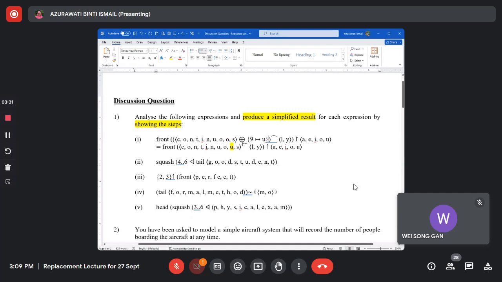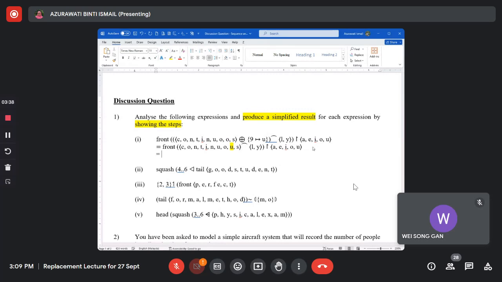And then the next one is concatenation. So you have to do concatenation after that. So here will be concatenate. So you just put it like that.